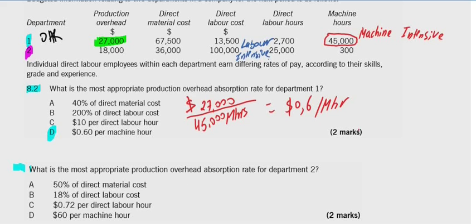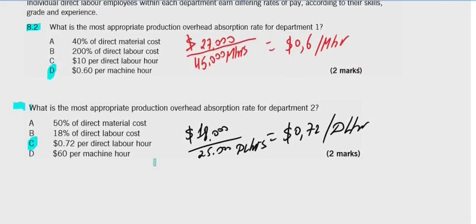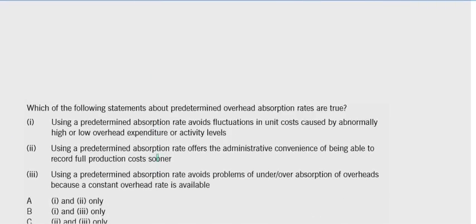And the cost is $18,000 over 25,000 direct labor hours, right? That will give us 0.72 per direct labor hour. So the answer is here C. Okay, moving on. Next question.